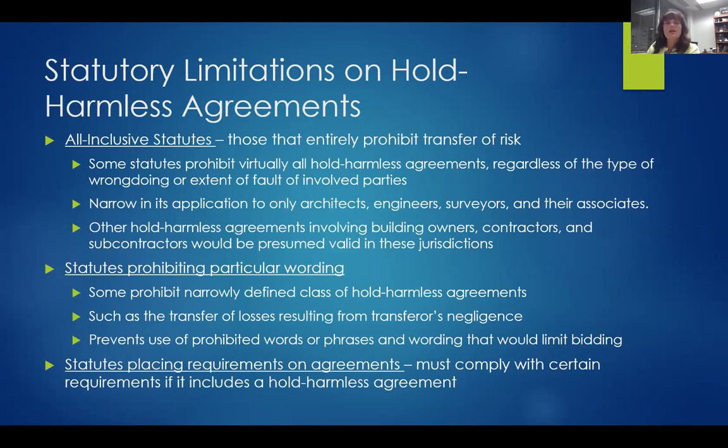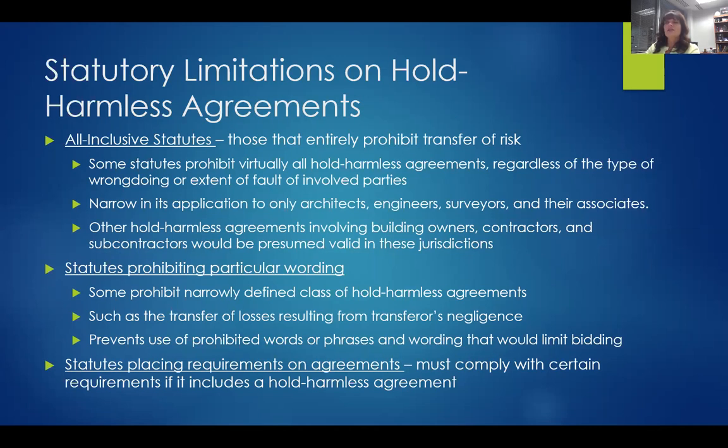They're saying, you know what, you can't transfer any risk that's yours to some other party. Some statutes prohibit virtually all hold harmless agreements, regardless of the type of wrongdoing, even if it's their fault or partially their fault. They basically say, I do not uphold any hold harmless agreements.